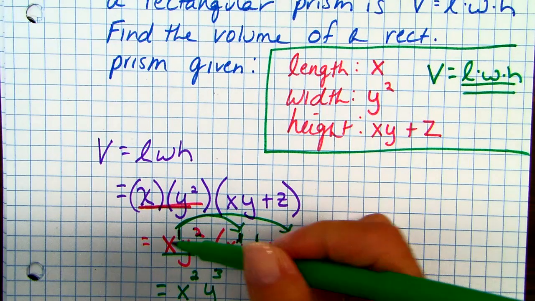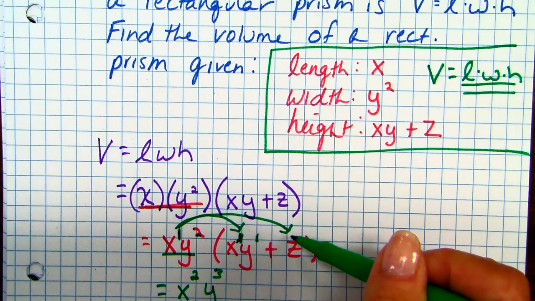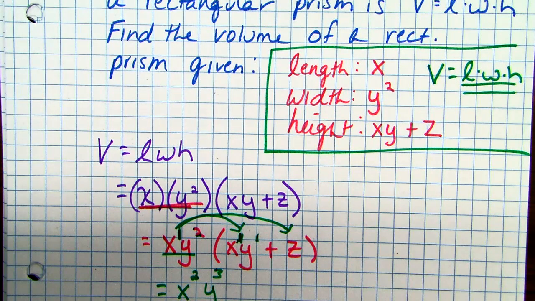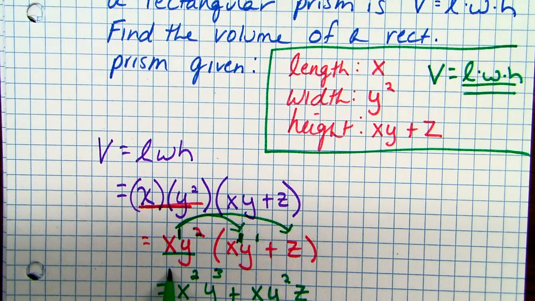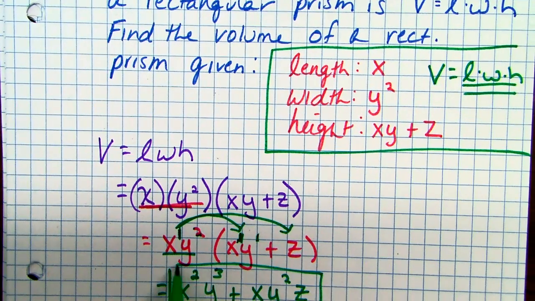Okay? Now we do xy squared times z. Oh, well, there's really no like terms in there, so it's just xy squared z. I just put them in alphabetical order. That's it. That is the volume. We don't know the actual volume, but we now have a formula. They gave us what x, y, and z is. We could plug it in and find it, but that's it. That's the volume.